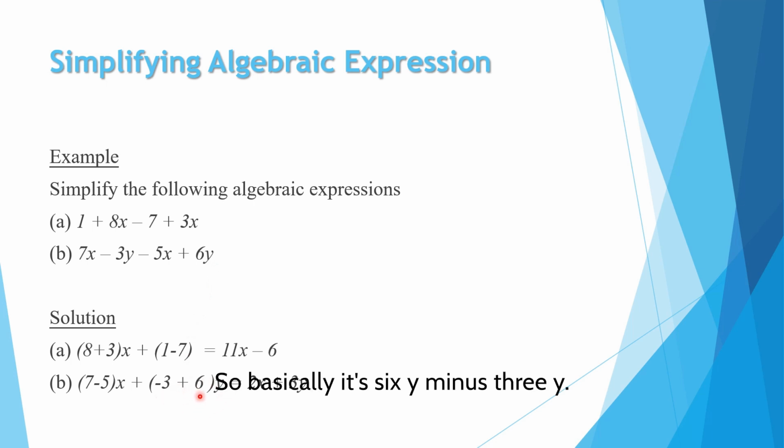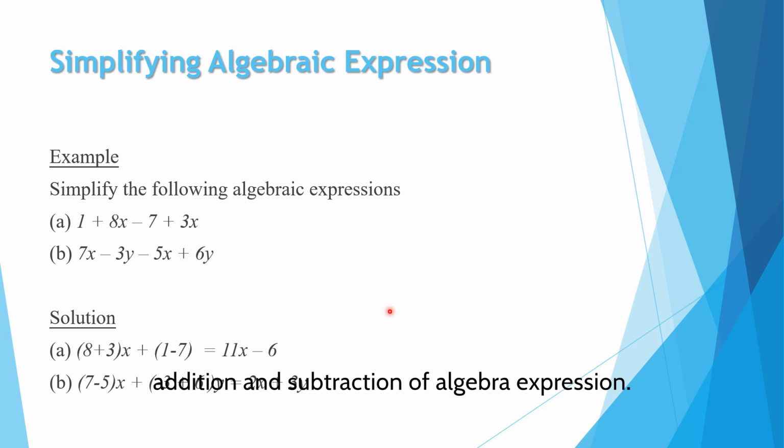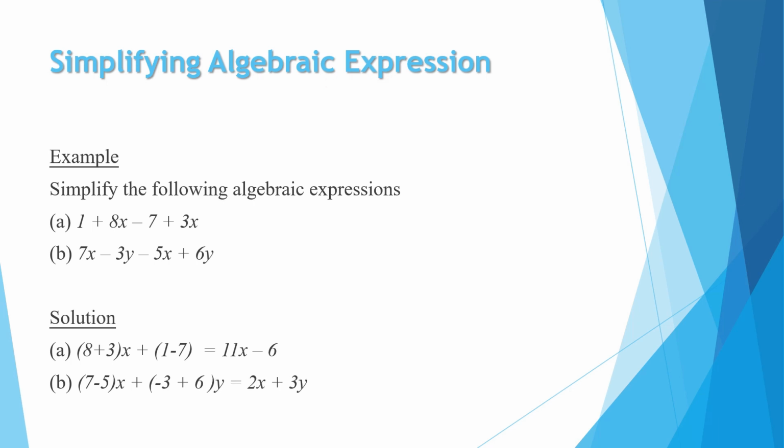So basically it's 6y minus 3y, or we can say minus 3y plus 6y. It gives 2x plus 3y. This is why it is so important that we need to figure out what are the like terms and unlike terms, as it is especially useful in addition and subtraction of algebraic expressions.